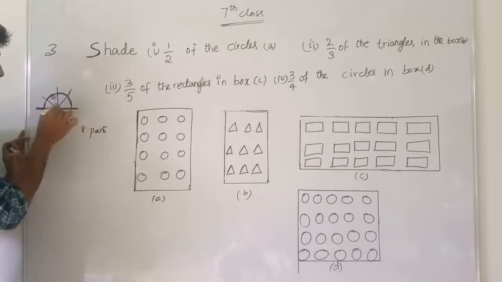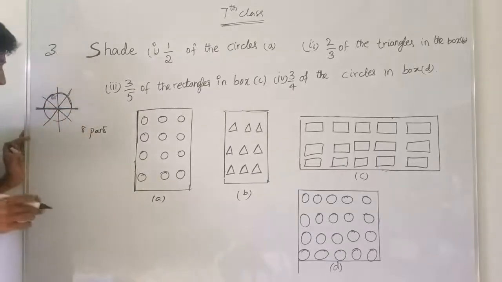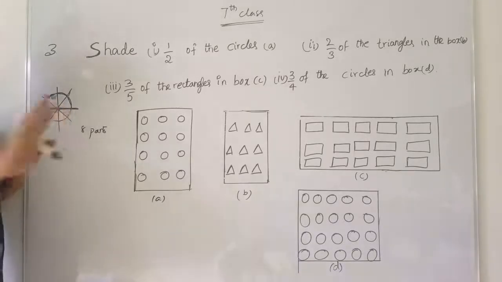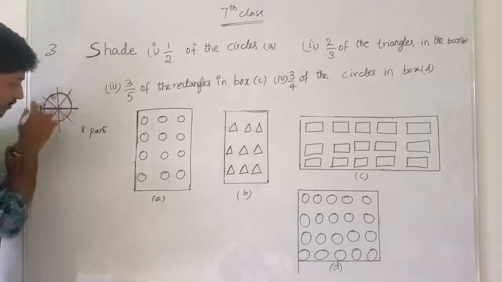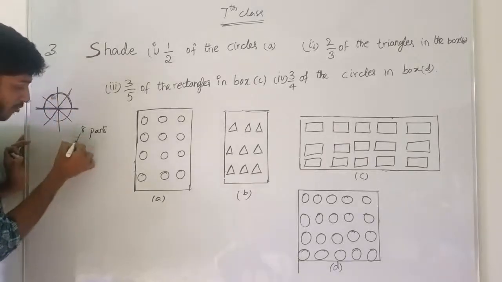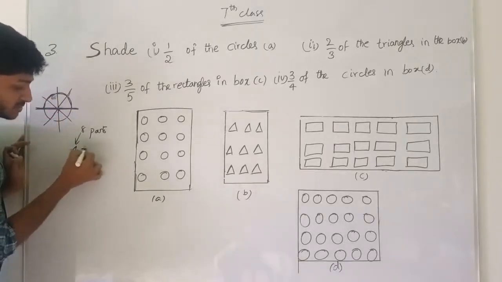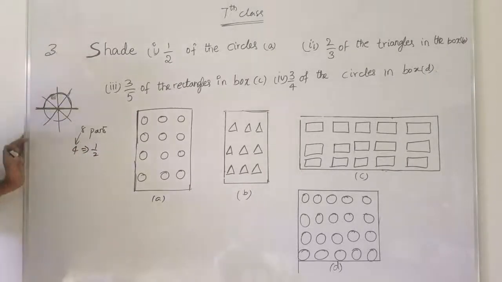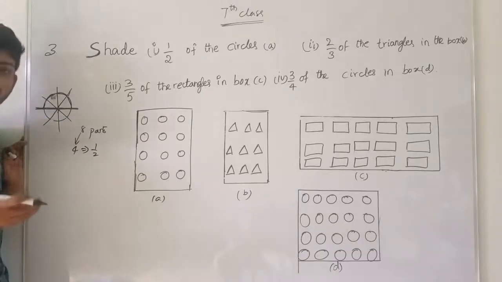I am giving this half part to my brother. This half part contains how many parts? 1, 2, 3, 4. 4 parts. Here, total parts are 8. Out of 8, 4 parts means half.